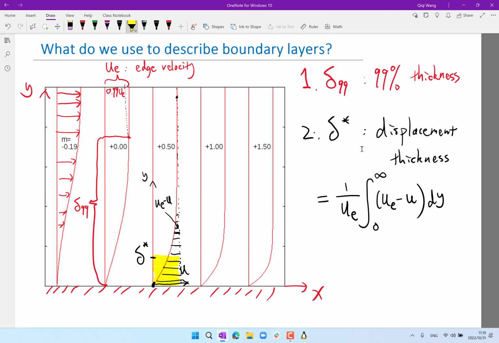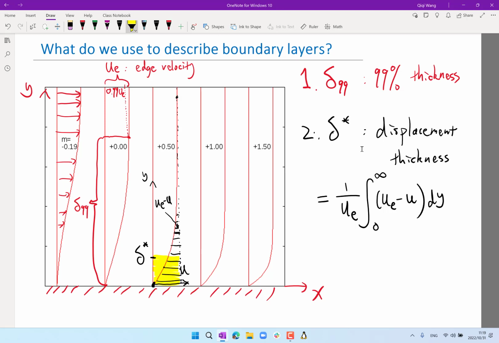So, for example, if I know here is delta 99, it doesn't matter if the boundary layer does something crazy, or goes like a straight line, or curves like that. Delta 99 would always be over here. But delta star would depend on how the boundary layer curves everywhere, because that will influence the striped area.